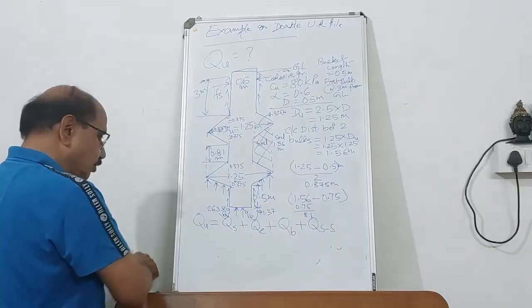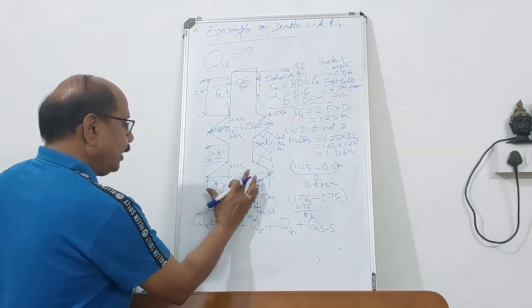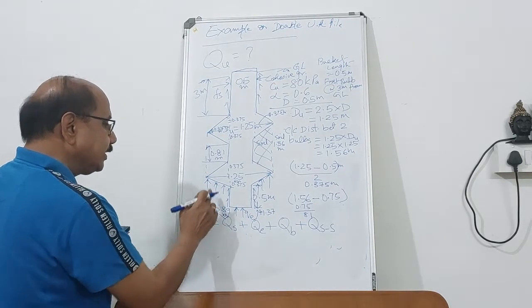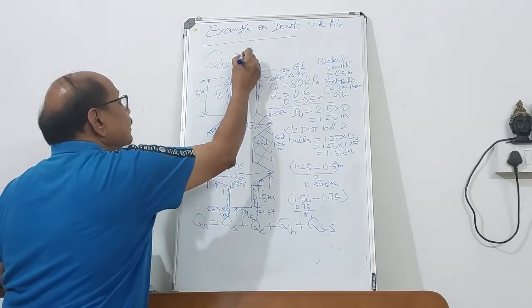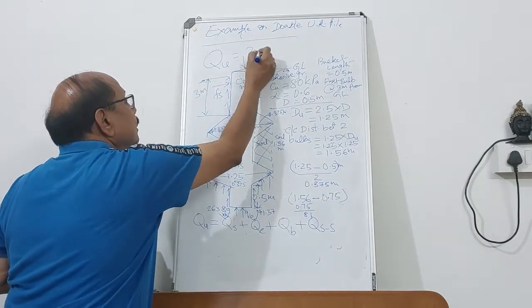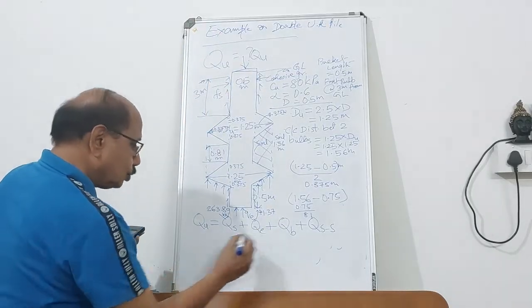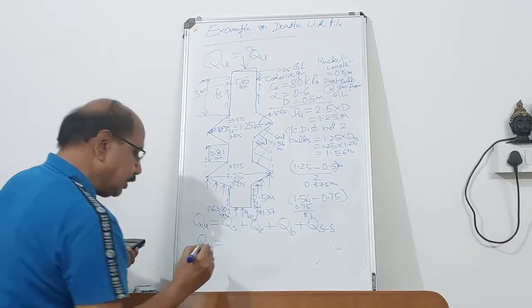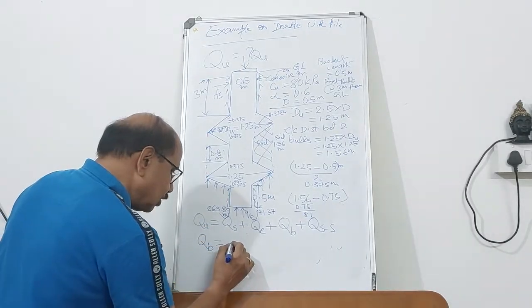So load transfer through the bulb. This is the bottommost bulb that will carry the resistance when you apply the ultimate axial load. So the load resisted by the bulb is 9 times Cu.